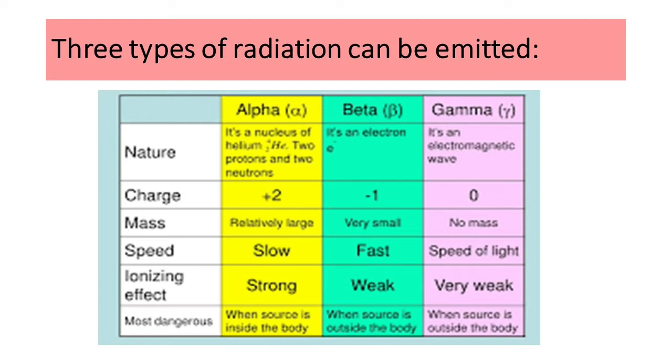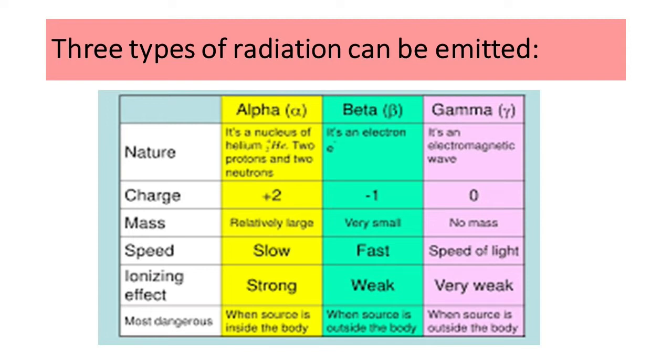Alpha particles are nuclei of helium, which has 2 protons and 2 neutrons. While beta is an electron, and gamma is an electromagnetic wave.